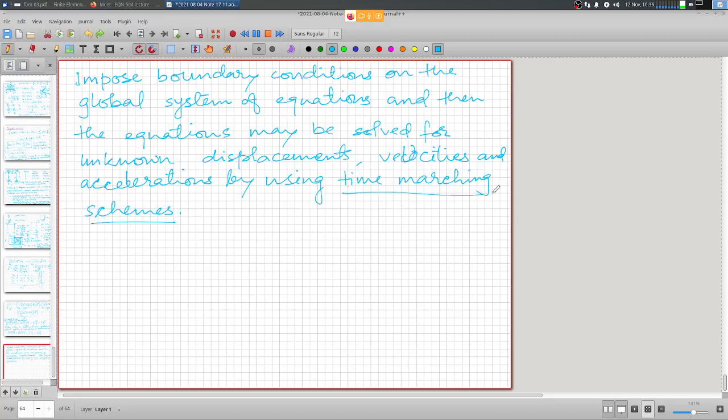So, what are these time marching schemes? Essentially, it is a step-by-step integration.